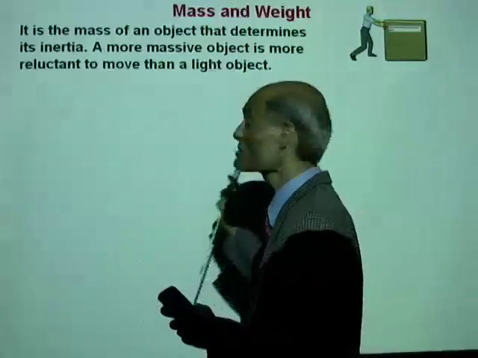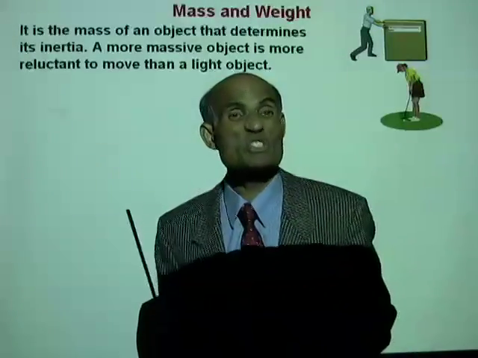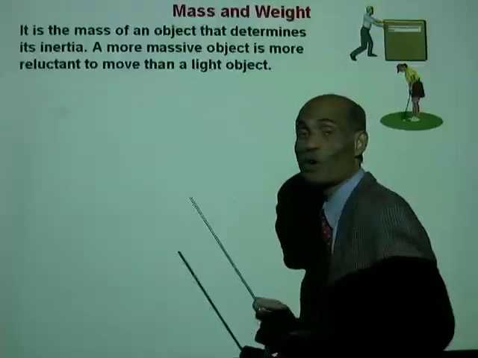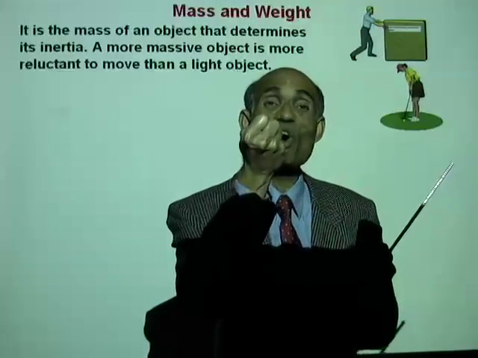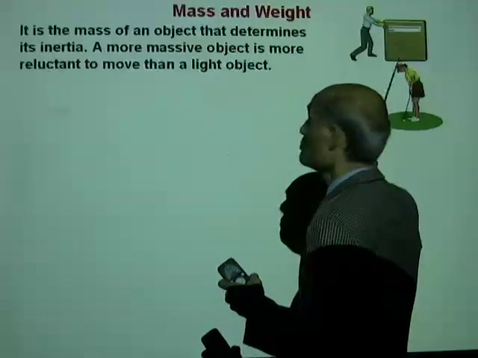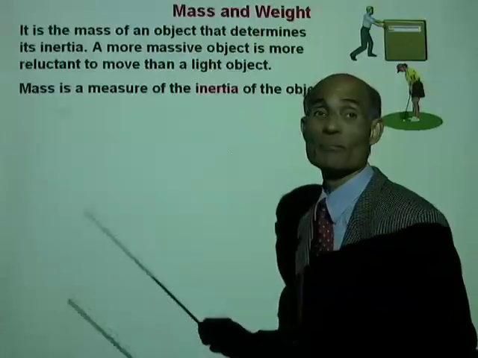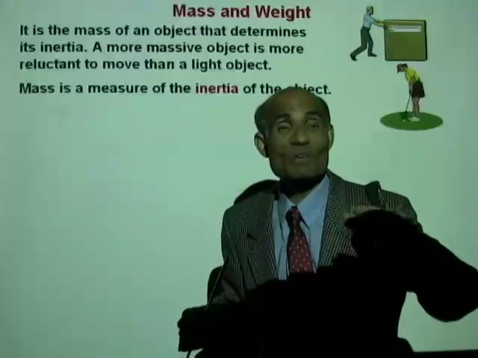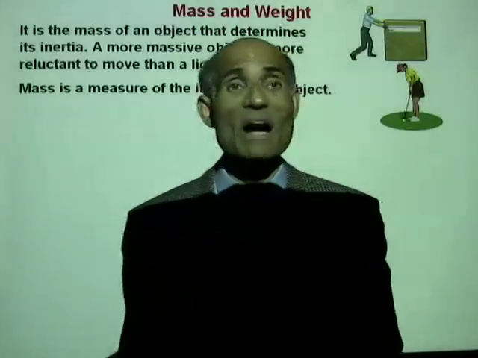You see that? It has a great inertia. Whereas a golf ball, well, even a child can move a golf ball. The inertia of the golf ball is very small. The amount of matter in the golf ball is very small. Whereas the amount of matter in this box is very great. It has a greater inertia. Therefore, we are going to define mass as a measure of the inertia of the object. That's a very convenient way to define mass.